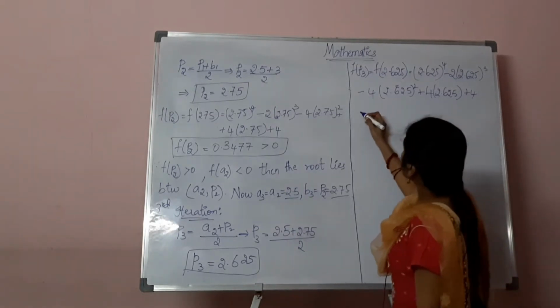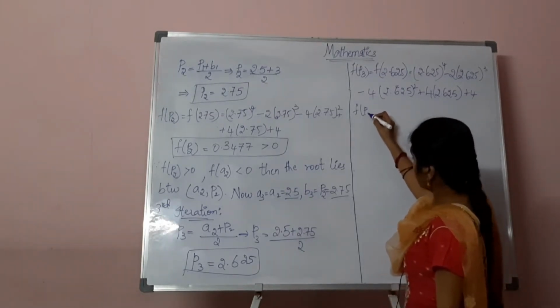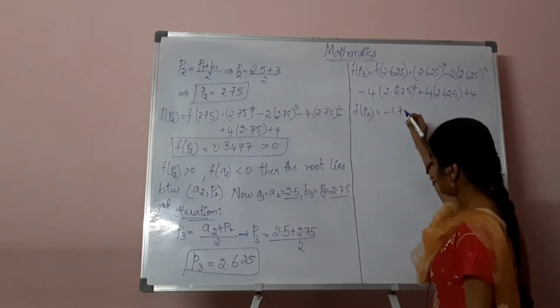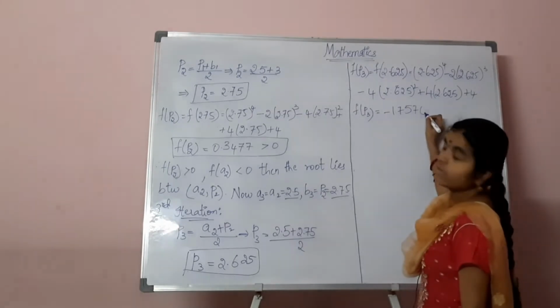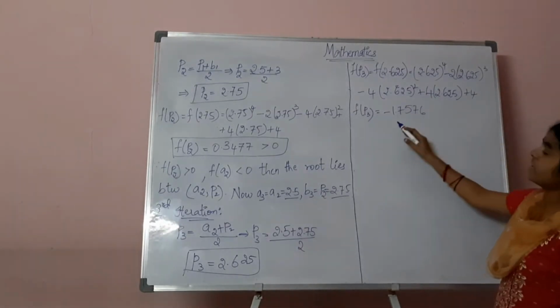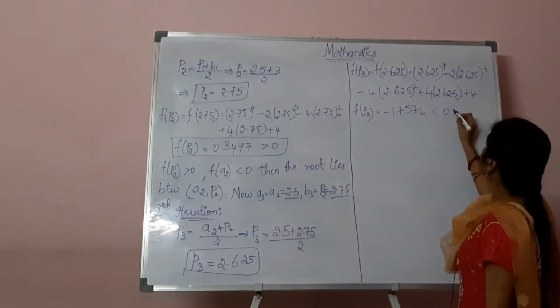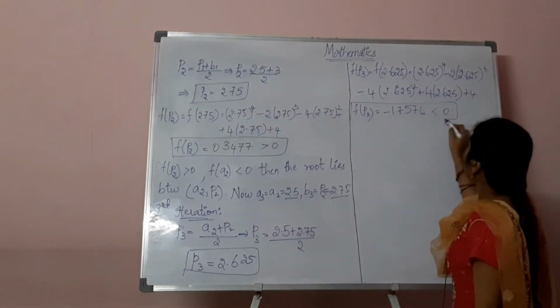How much are we getting for f of P3 after calculating? Minus 1.7576, which is less than 0.